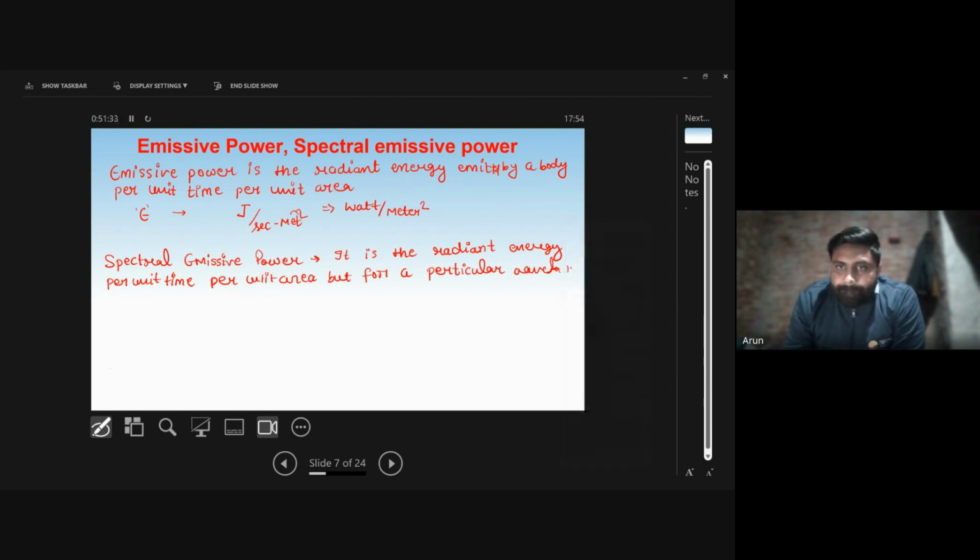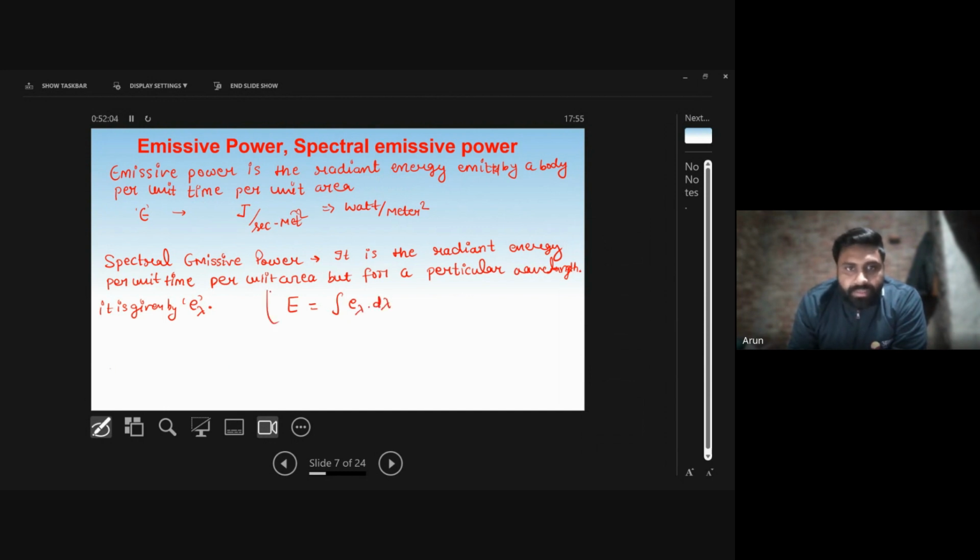Okay. So it is defined as E lambda. One of the relations you can remember is that total emissive power is equal to the integration of E lambda d lambda.